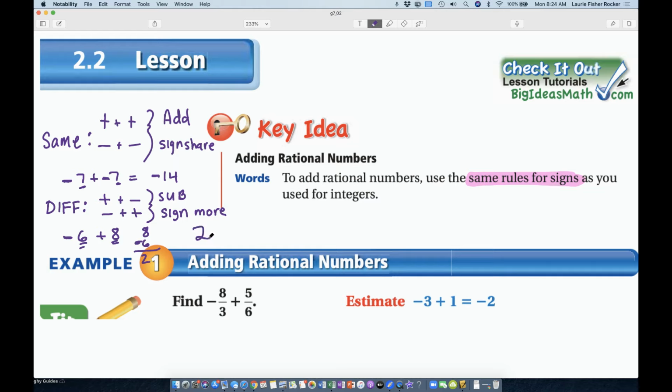Which one had more? Negative had 6, positive had 8. We had more positives, so my answer is positive 2. So that is a review of those sign rules, because if you don't know those, then you're going to have a really difficult time doing the rest of this lesson. So take some time to watch that a few more times.